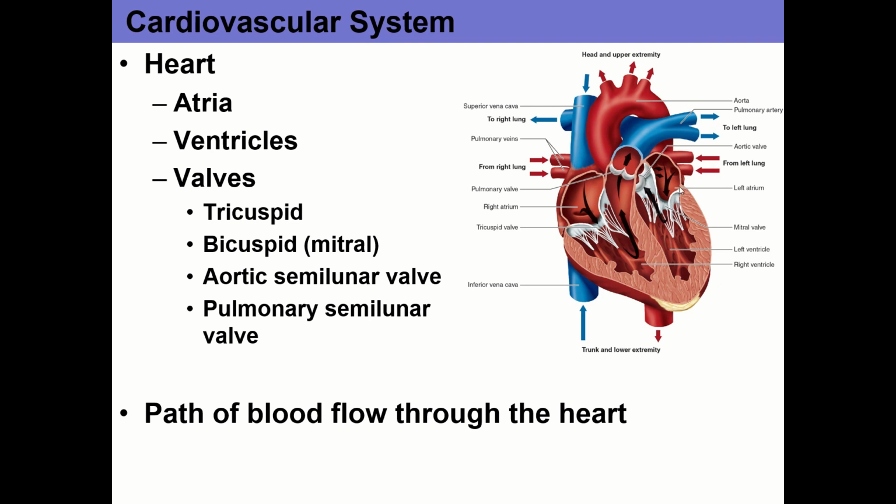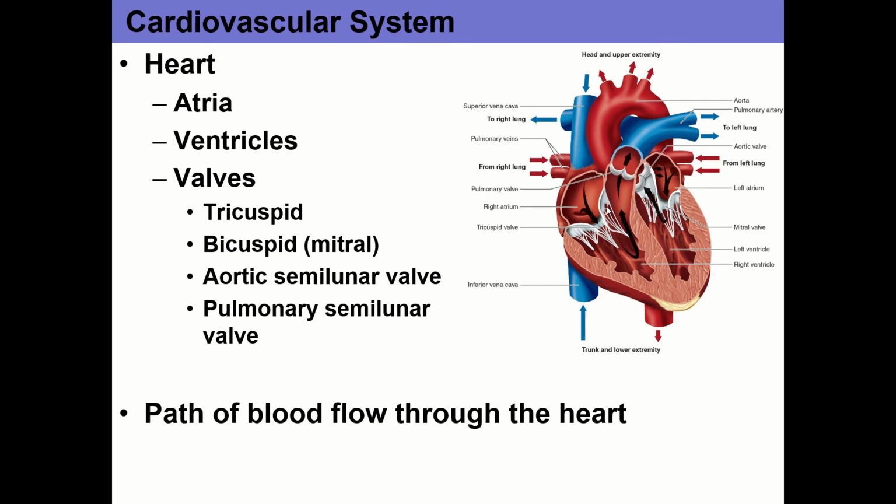Bicuspid's over here, and has two flaps. So the tricuspid valve is on the right side of the heart. The bicuspid or mitral valve is on the left side of the heart. Again, the way that I remember that: tricuspid is on the right side, so try to be right. And then mitral valve or bicuspid valve is on the left by process of elimination.